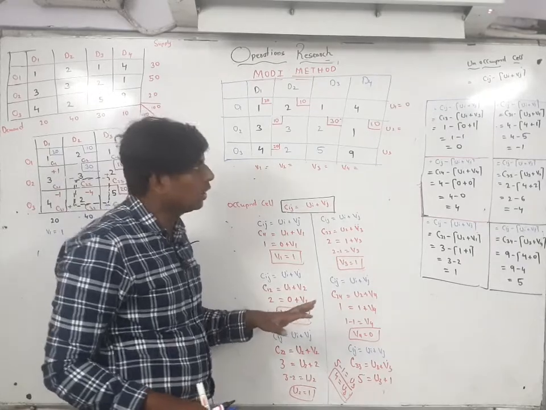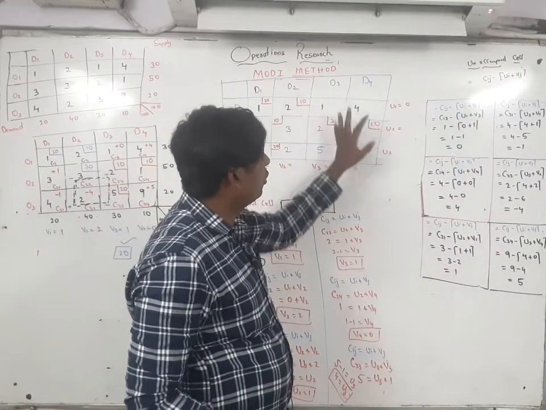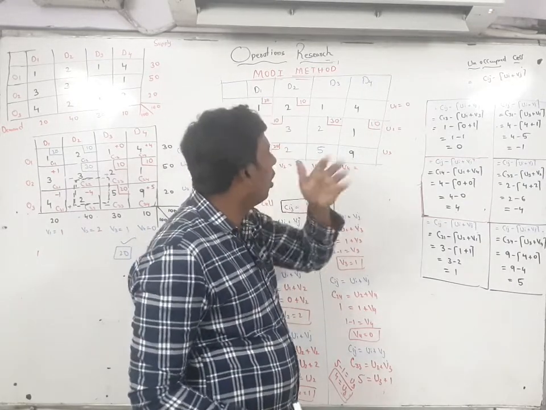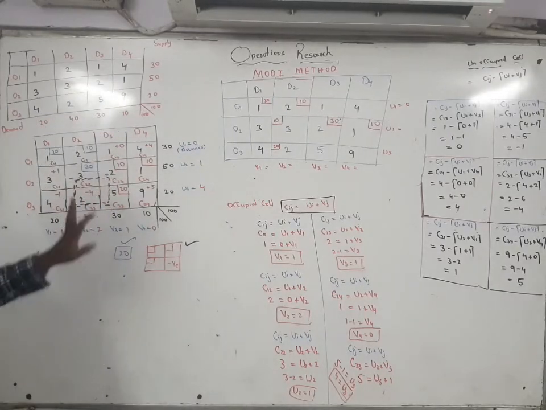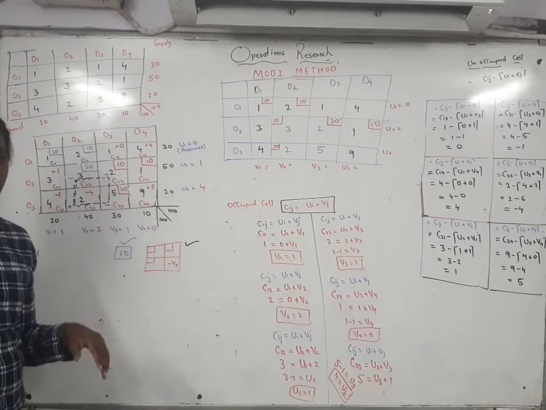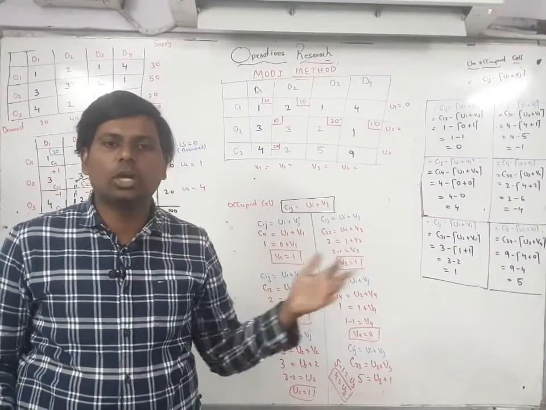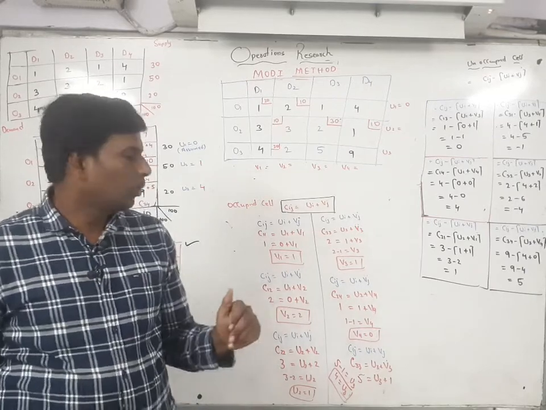Forget about allocated. In unallocated cells, if all the values you are getting are positive, you stop. As you can see here, two terms are negative. Till all are positive, you have to repeat this procedure.